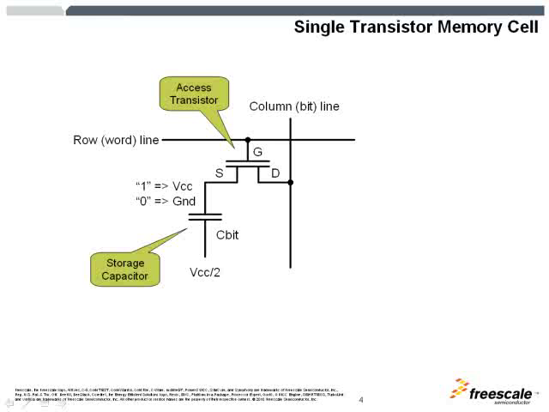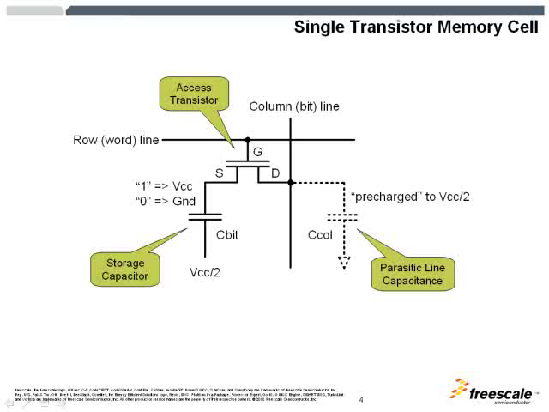So the transistor is turned on by the gate using the row line, and the information is transferred to the column line. To read the value that is stored on the capacitor, the row line activates the gate of the transistor, turning on the transistor, and allowing the charge from the capacitor to flow onto the column bit.